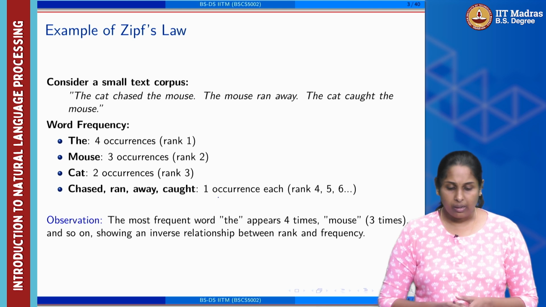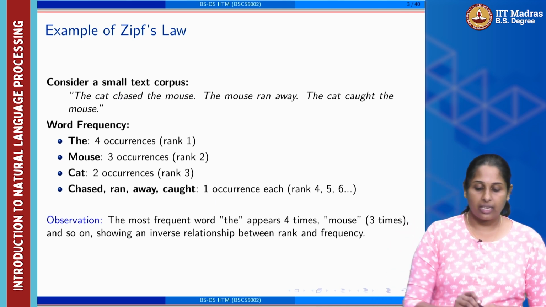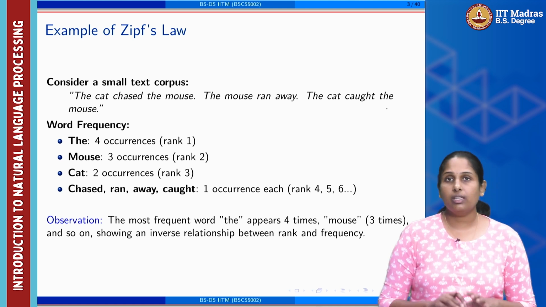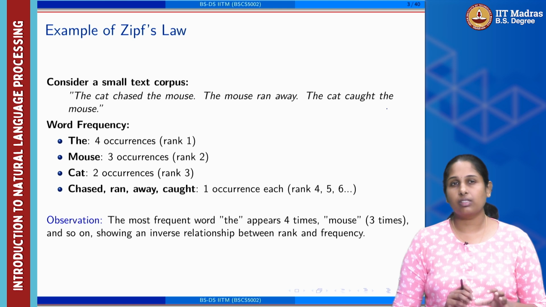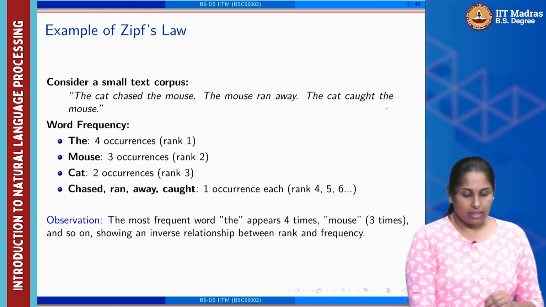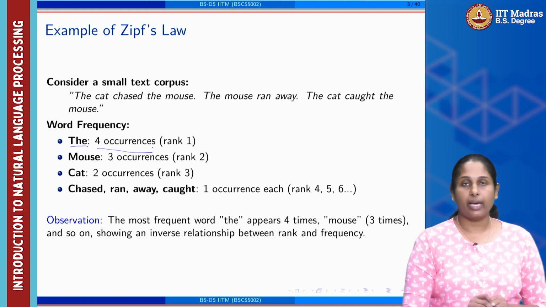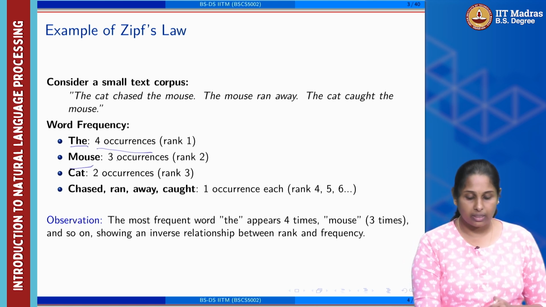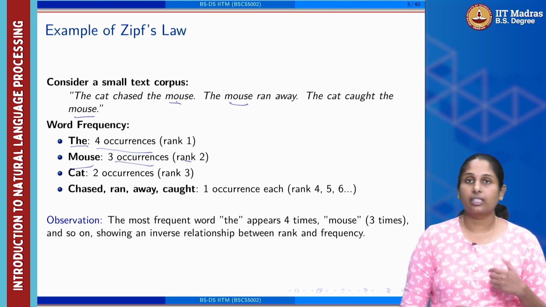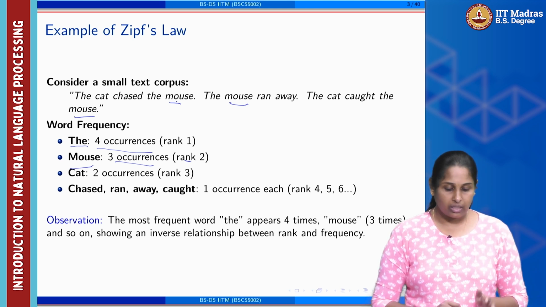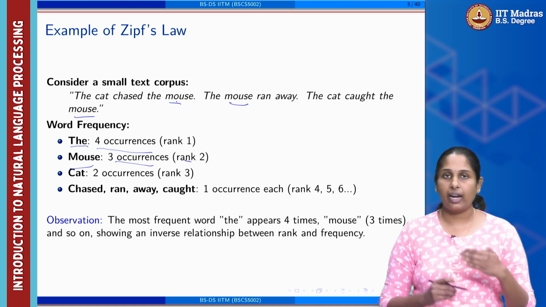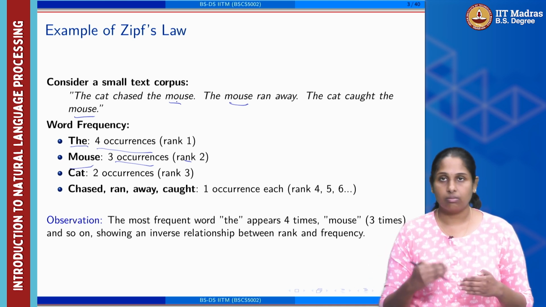Now let's take an example. Let's take a small text like: the cat chased the mouse, the mouse ran away, the cat caught the mouse. Now we know that there is a list of words, and some words are repeated multiple times. The word frequency helps us in understanding this: "the" occurs 4 times with rank 1, and "mouse" occurred 3 times with rank 2, as you can see here, and "cat" occurred 2 times with rank 3, and chased, ran, away, caught all occurred 1 time with equal rank, and we can put them in rank 4, 5, 6 subsequently.